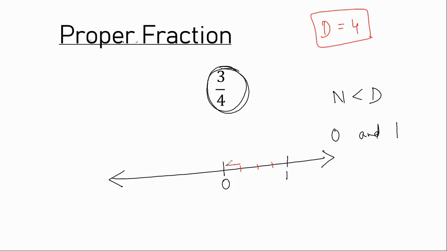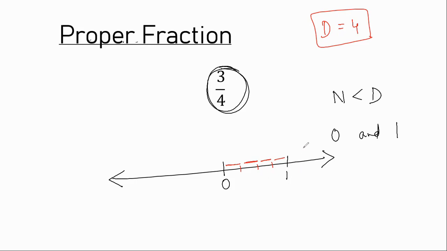These distances should be equal, always remember. So please draw a number line with a ruler only. Don't use your hand, just use a ruler so that the distances between the parts are equal, right?